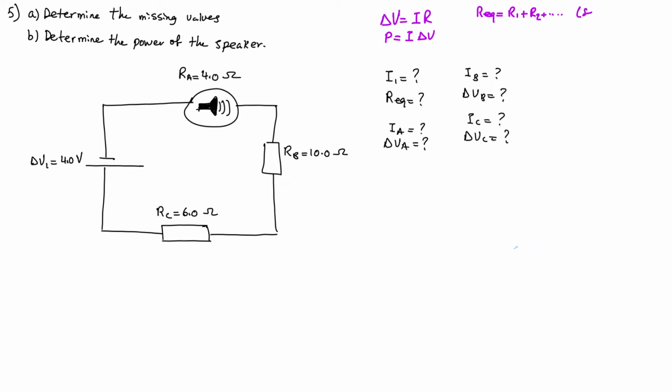This is in series. And we have 1 over equivalent resistance for a parallel circuit as 1 over R1 plus 1 over R2, and this is parallel.